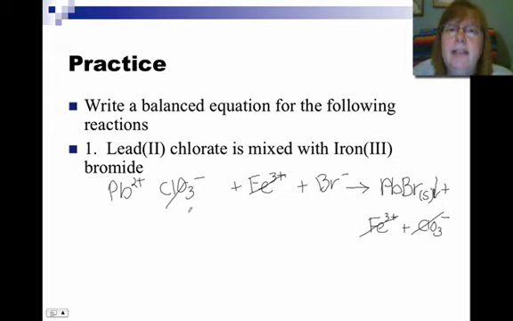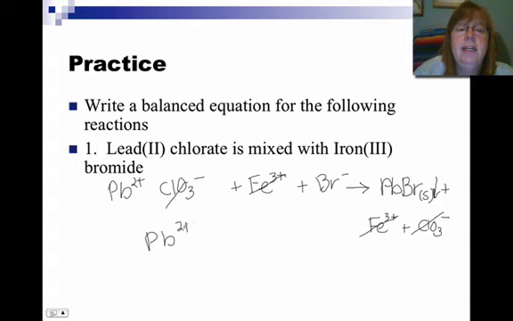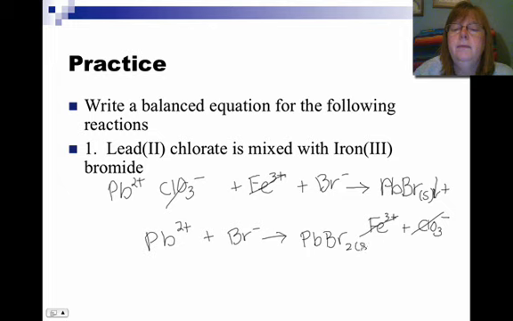They don't react. Now for the balanced equation, it gets really easy. All we have to write are the things that actually reacted. So our lead reacted with the bromide, giving us our precipitate, the solid lead 2 bromide. Oh, not balanced.